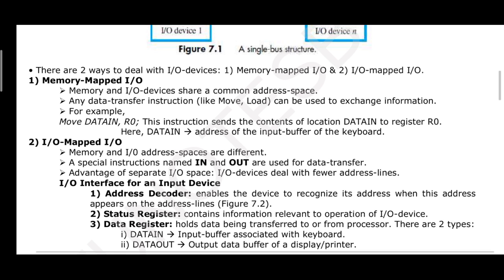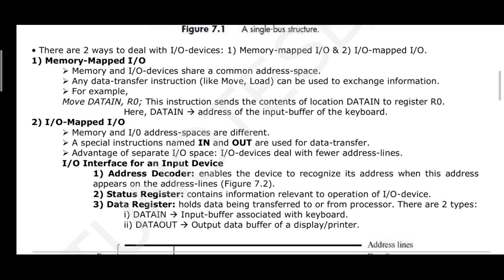Very simple to understand: in memory mapped IO, the IO devices and memory locations use a common address space, whereas the address spaces are separate for memory locations and for the IO devices in case of IO mapped IO. That is the only difference between memory mapped IO and IO mapped IO. Hope you are getting it.